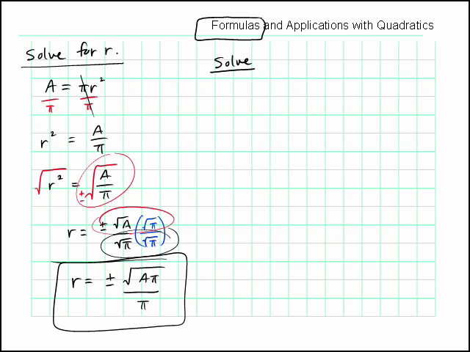Here's another one. Solve for v. And our formula is w equals k times f over v squared. Now the first thing I'm going to do here is eliminate the fractions, and I'm going to do that by multiplying both sides by the common denominator, which is v squared.